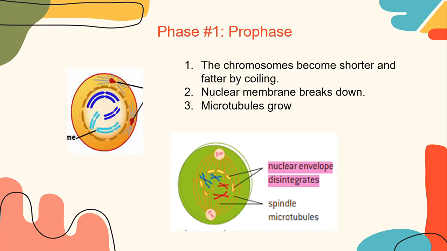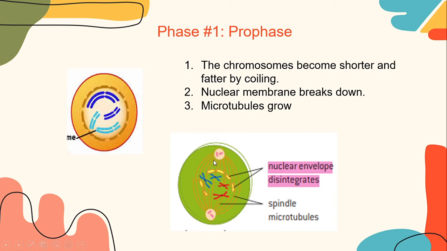First of all, the chromosomes in this stage become clear and they become shorter and fatter. The second modification is that the nuclear envelope which surrounds the chromosomes will start to dissolve or disappear. Also, the microtubules will grow.